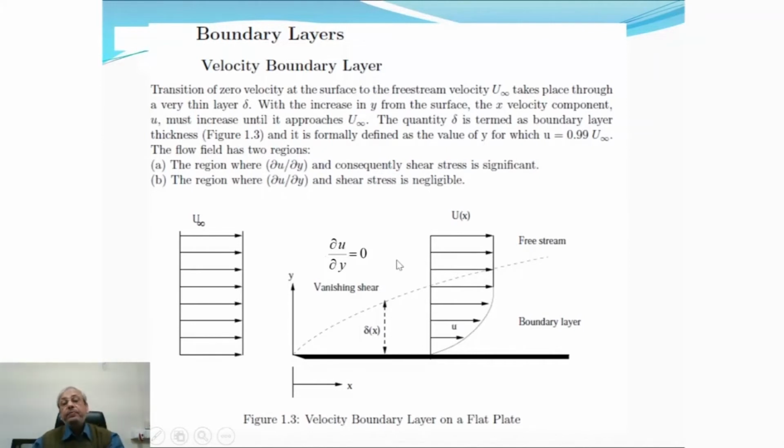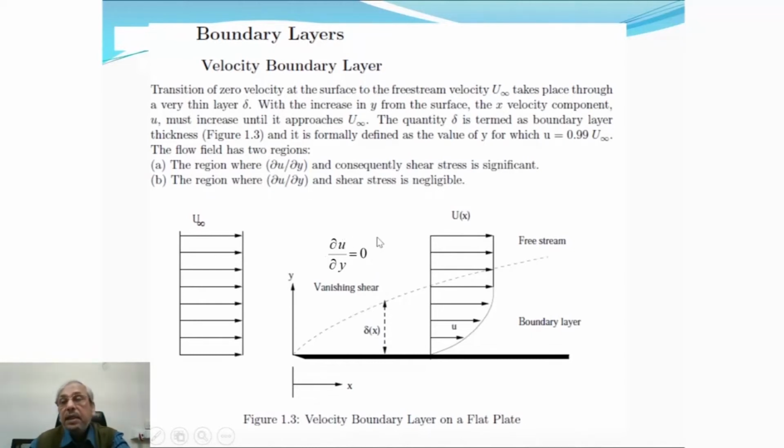Let me tell you, this boundary layer was discovered in 1904 by a genius, Professor Ludwig Prandtl. Before that, usually mathematicians used to solve the potential flow equation, which is inviscid irrotational flow, for solving the fluid motion on any geometry of interest.